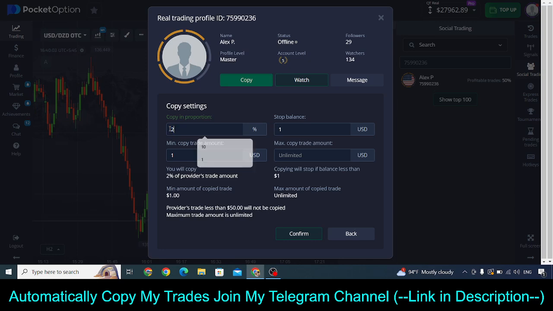Similarly, if you copy 2%, you will be copying $4 per trade, because 2% of $200 is $4. If you want to copy $10 per trade, you can put 5% here. Remember that 1% equals $2. Whatever percentage you put, double that amount is what you will be copying. Like if you put 25%, you will be copying $50 per trade.